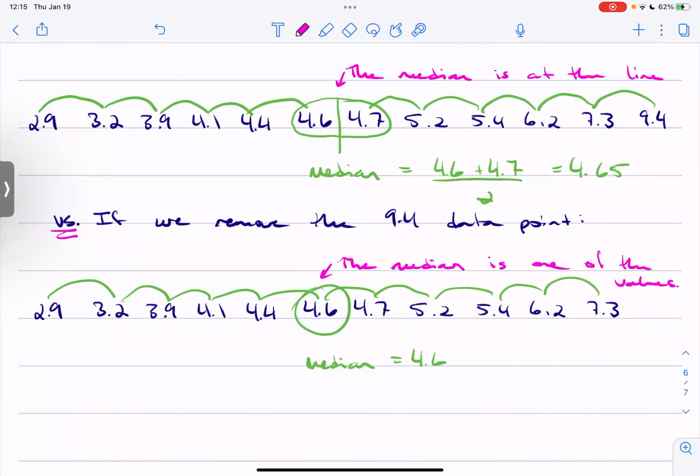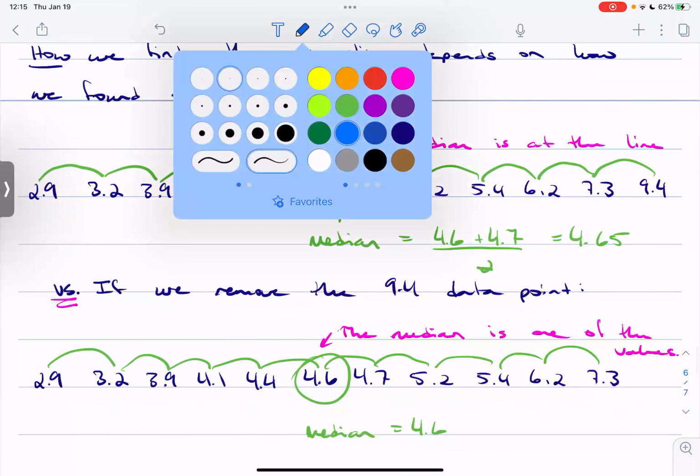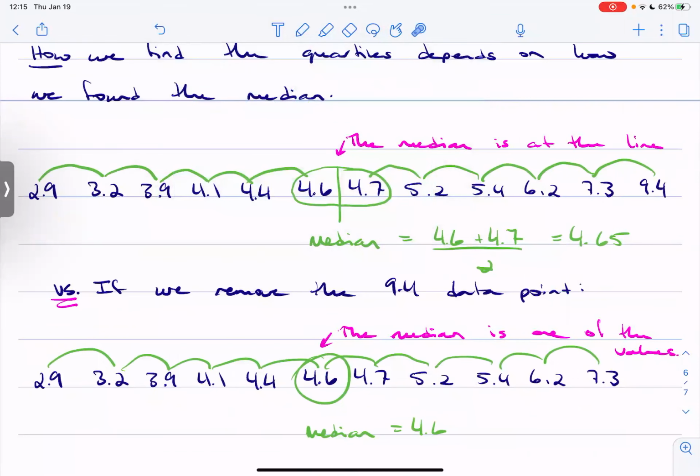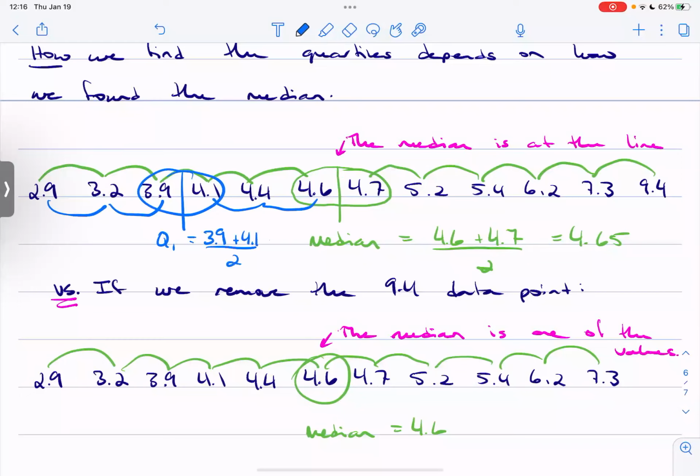Those are the two scenarios that we have. So for the first quartile here, I'm allowed to use 4.6 because the median is here at the line. So again, same notation, Q1 is 3.9 plus 4.1 divided by 2, which I'm pretty sure is 4.